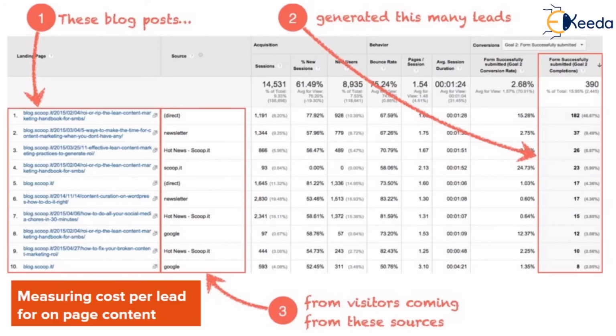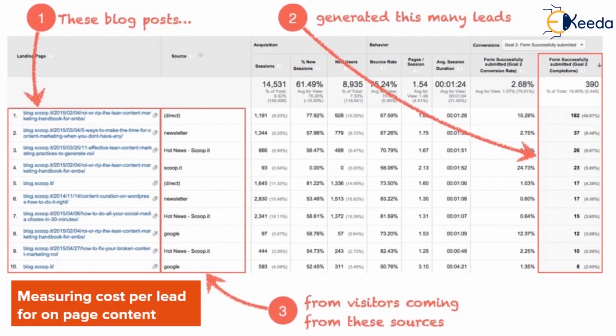The number of sessions on each page can be captured, and from those visitors, how many are actually submitting their contact information and getting converted into leads by filling a form. In this example, a lead is captured by filling and submitting a form.